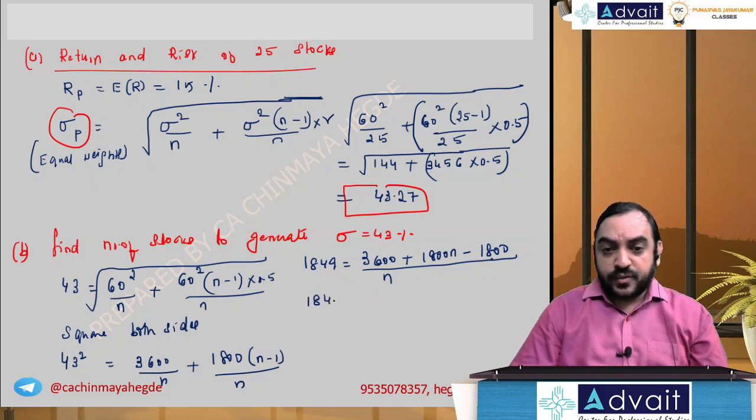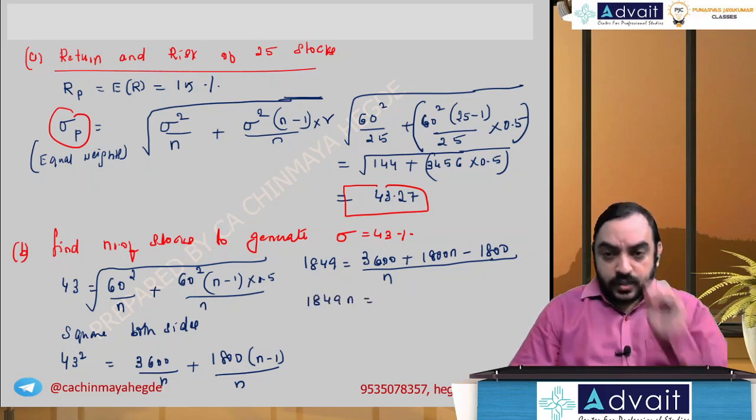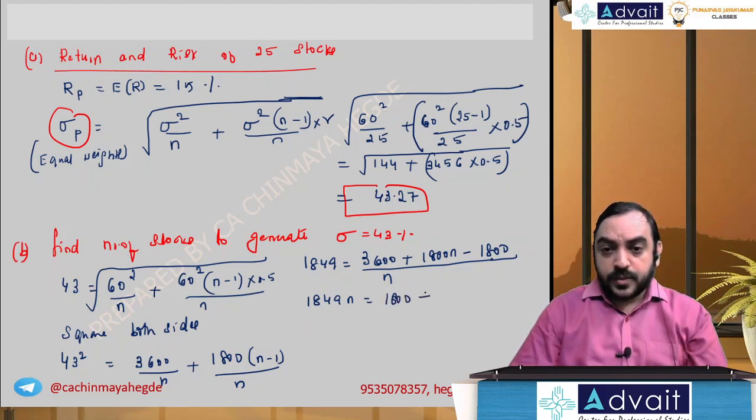So I get 1849 n equals 3600 minus 1800, that is 1800, plus 1800 n. This I'll take to the left side. 1849 n minus 1800 n is 1800. So 49 n is 1800.